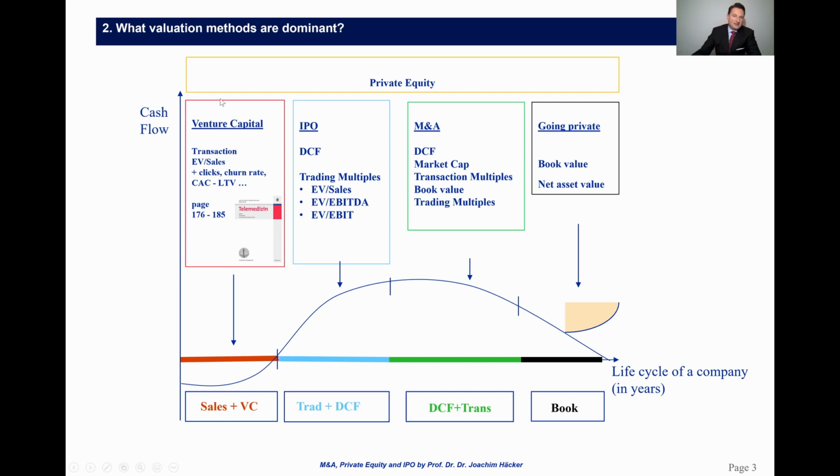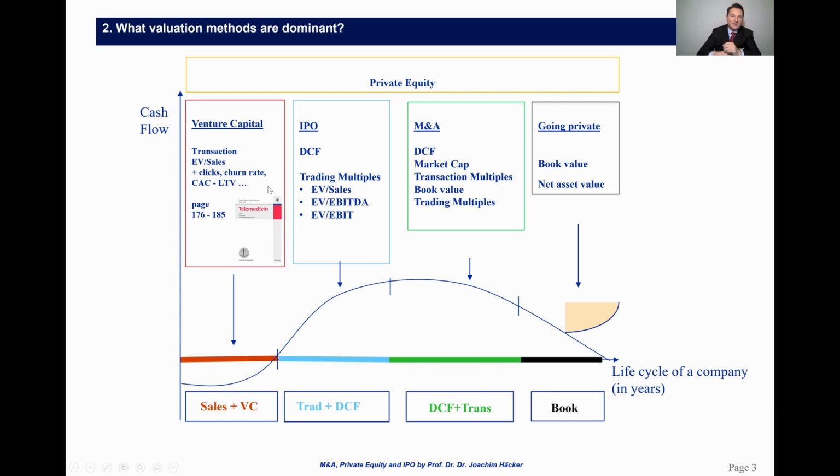In phase number 1, venture capital, out of the multiples, the transaction multiple, especially the EV sales multiple, is important. Furthermore, you can use other underlyings such as the clicks and the so-called churn rate, like how many people click on my webpage, and how many people actually are paying for my products.